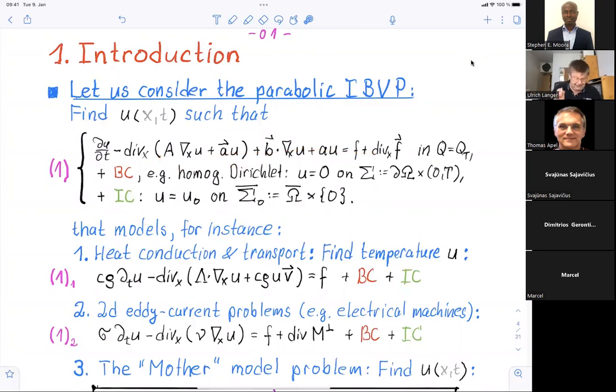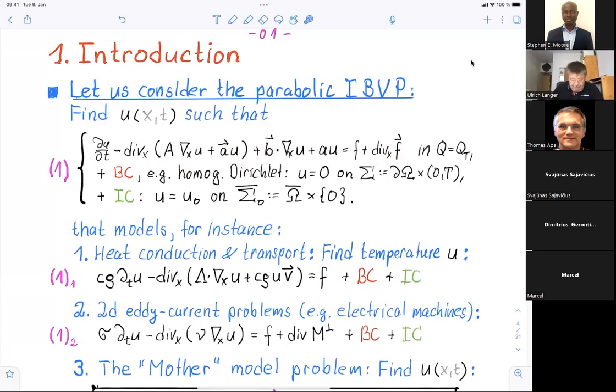Finally, we will concentrate on a very simple model problem, but everything that we derive can be done for this general problem. The right-hand side is a function f, a source from L2, with a divergence of a vector function. And the vector function can be in L2, so with a distribution, you will see with an H^-1.